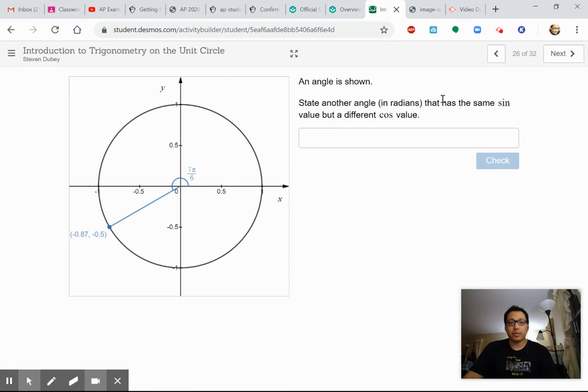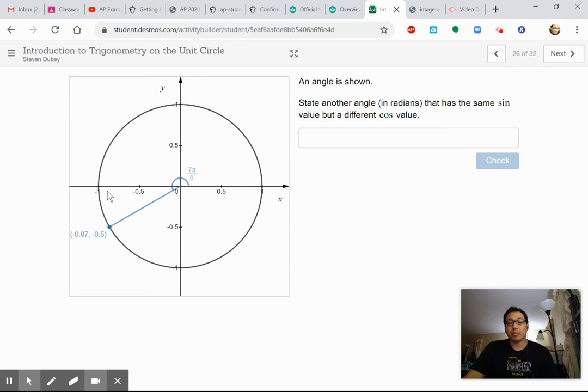Okay, so hopefully you tried this. This one is tricky. We want the same sine, so we want the same y value, which is negative here, but a different cosine. So we want the reflection over here, right? Now what angle is this? 7/6 pi means it's 6/6, or 1 whole pi, just going from 0 to 180, and another sixth.